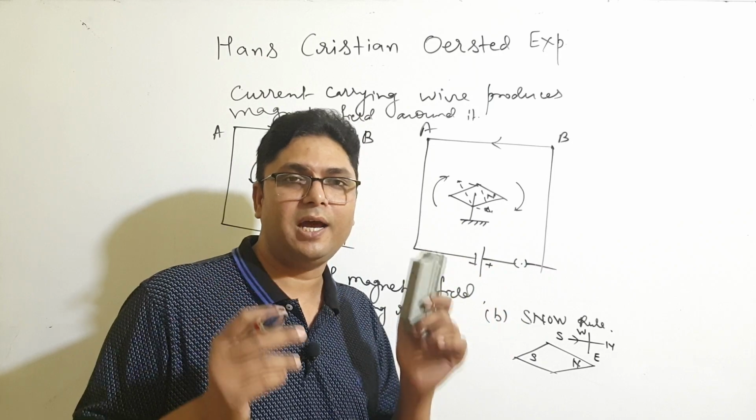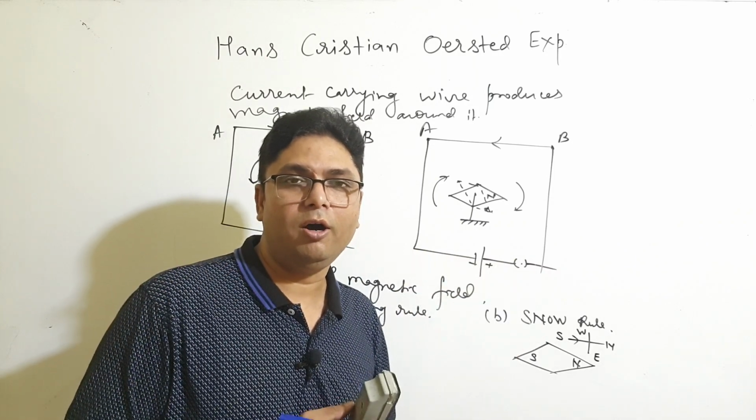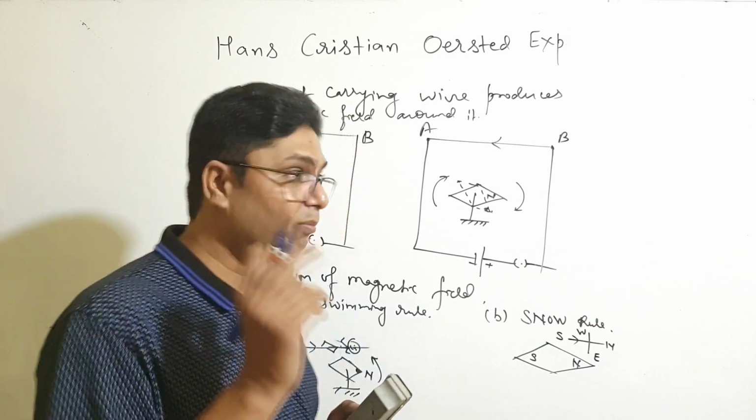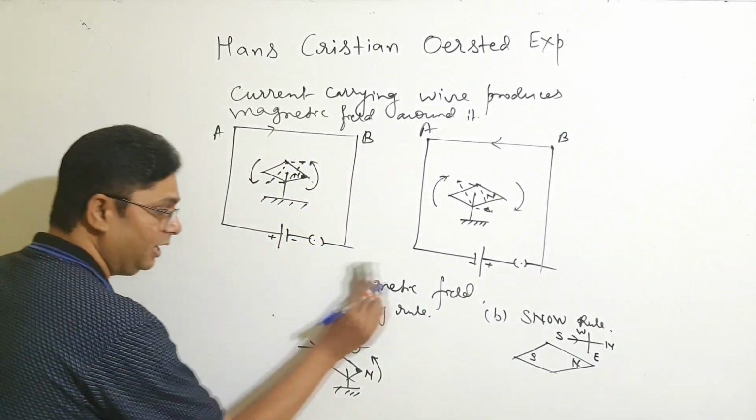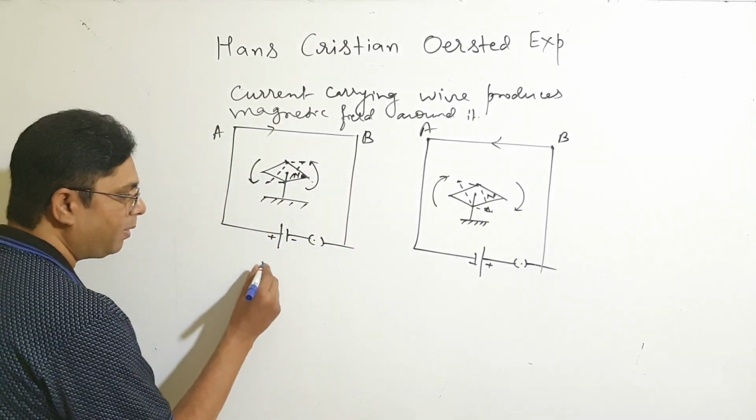Now the question arises, what is the magnitude of the magnetic field? The magnitude of the magnetic field is given by Biot-Savart's law.